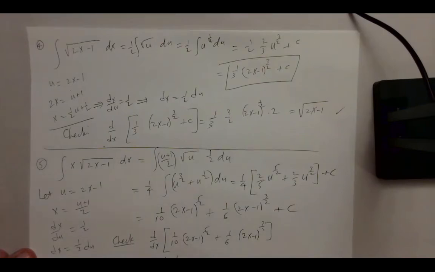This is 1/10 times 5/2 (2x minus 1) to the 3/2 times 2, plus 1/6 times 3/2 times (2x minus 1) to the 1/2 times 2. This is equal to 1/2 (2x minus 1) to the 3/2 plus 1/2 (2x minus 1) to the 1/2.